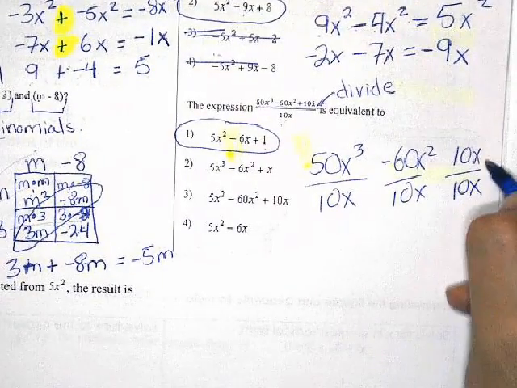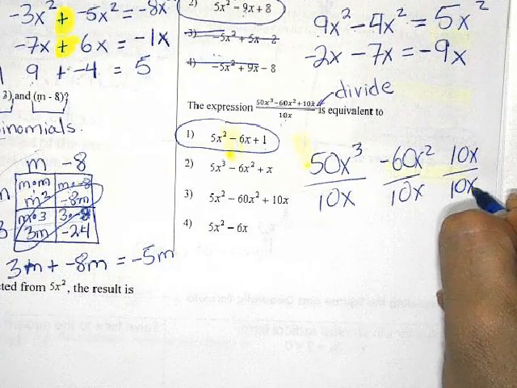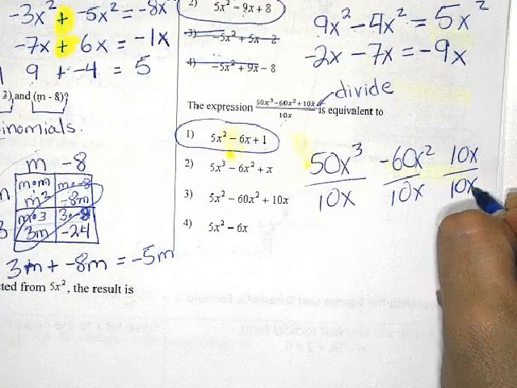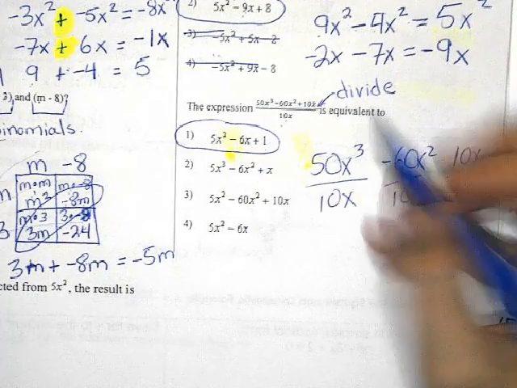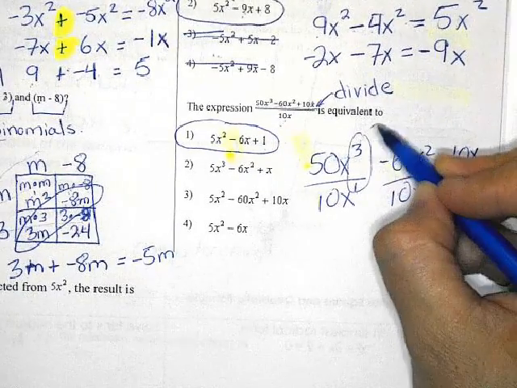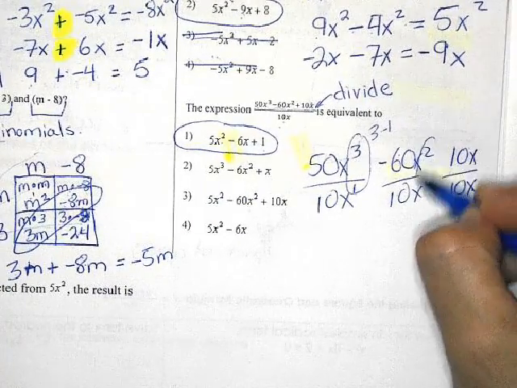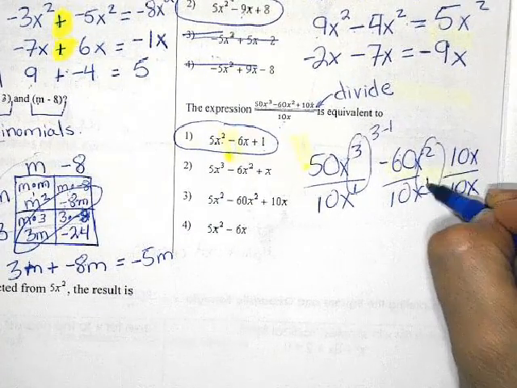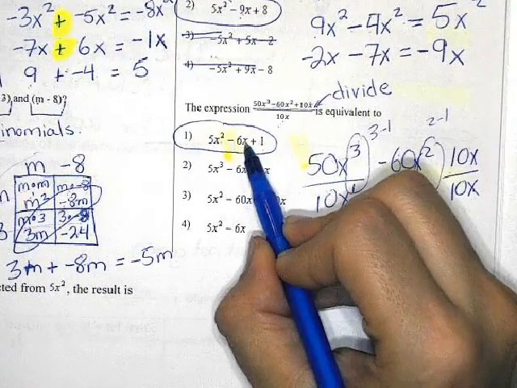So is x divided by x. X divided by x still gives you 1. They kind of cancel out. Also you subtract their powers. 3 minus 1 gave you that 2. 2 minus 1 gave you this single x.